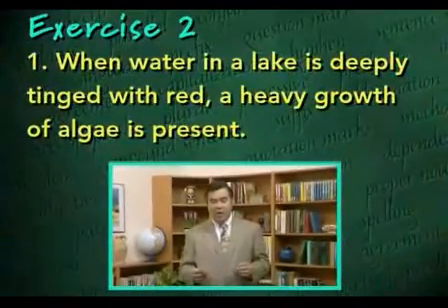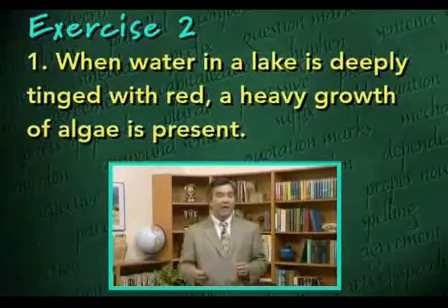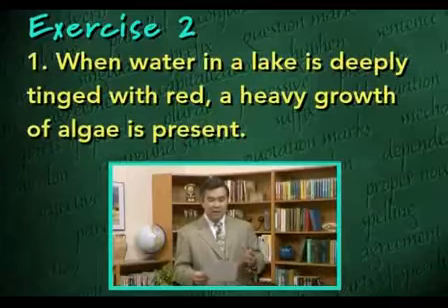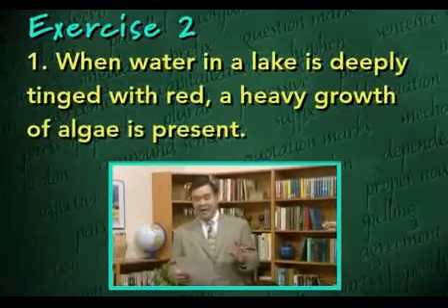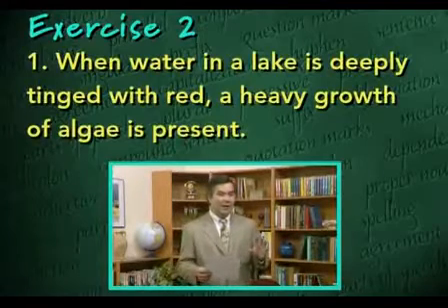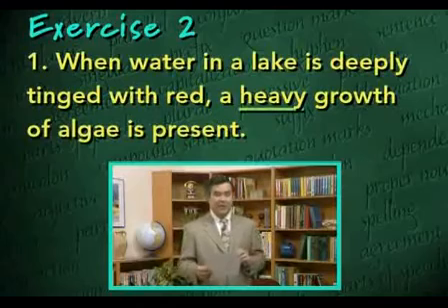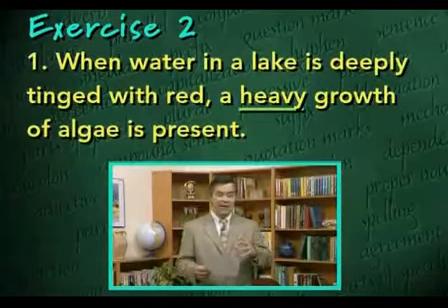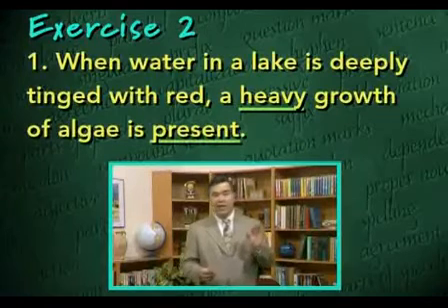First, when water in a lake is deeply tinged with red, a heavy growth of algae is present. Let's start with adjectives. Well, there are a few adjectives here, and recognizing them may be tricky in at least one instance. Heavy is an adjective. It refers to or modifies the noun that follows, growth. And present is another adjective.